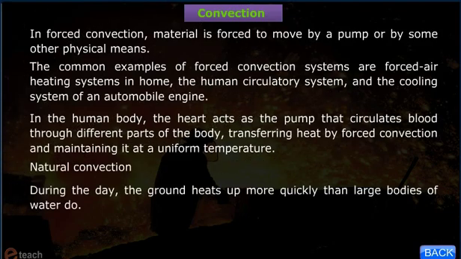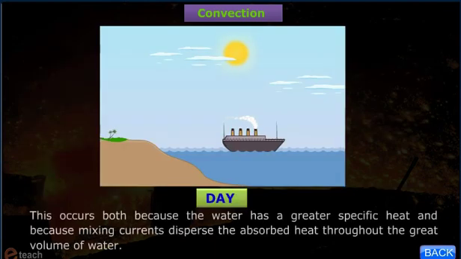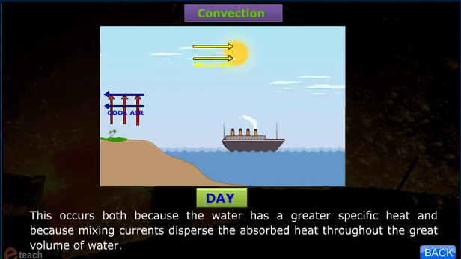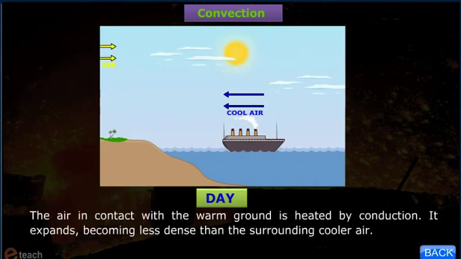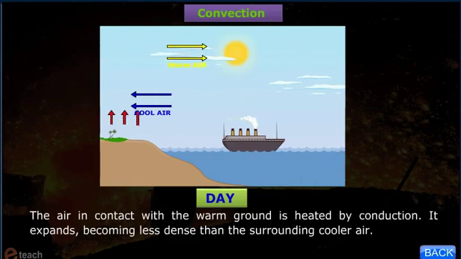During the day, the ground heats up more quickly than large bodies of water do. This occurs both because water has a greater specific heat and because mixing currents disperse the absorbed heat throughout the great volume of water. The air in contact with the warm ground is heated by conduction.